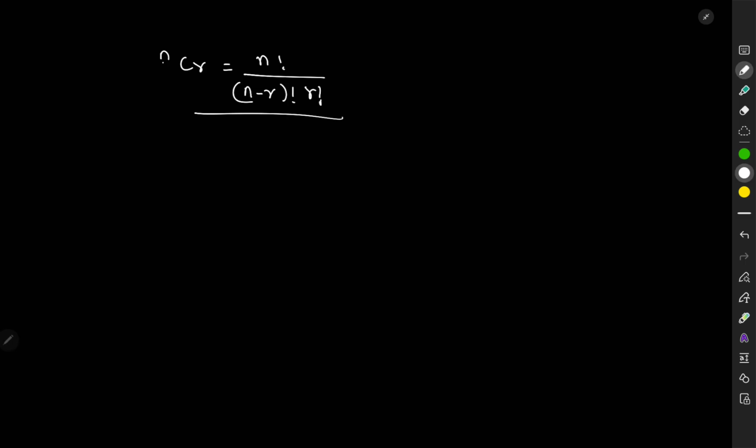So we have some shortcuts, or direct answers for some values, which is nC0 is nothing but 1, and remember that nC0 will be equal to nCn. This is the first case.